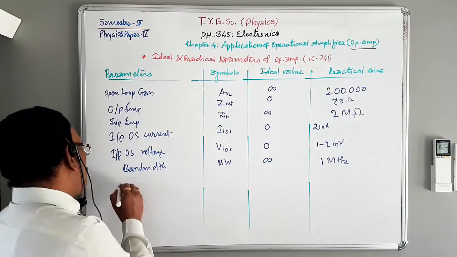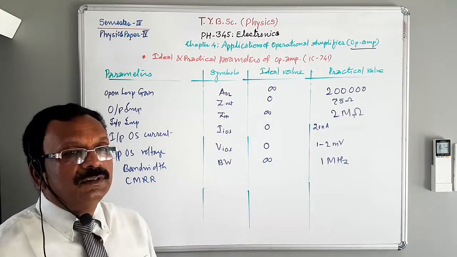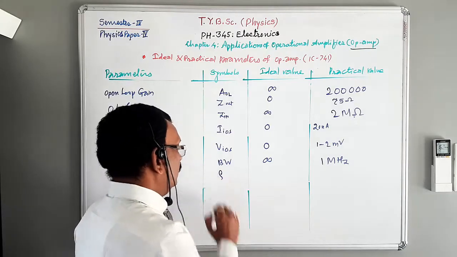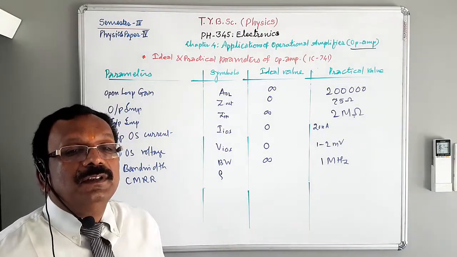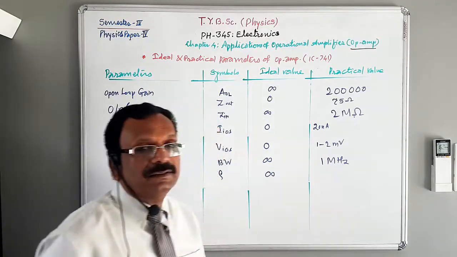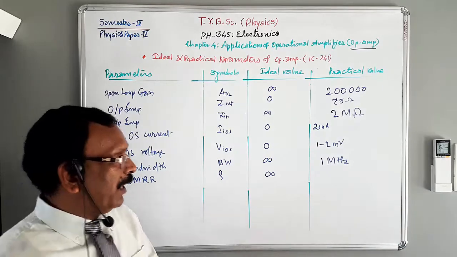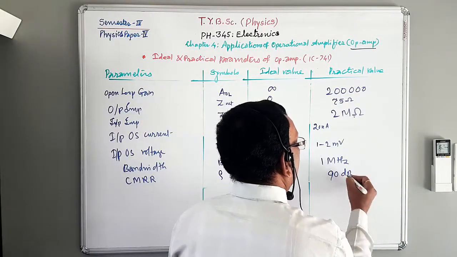Then common mode rejection ratio. Ideally it is infinite, but practically it is 90 decibel.